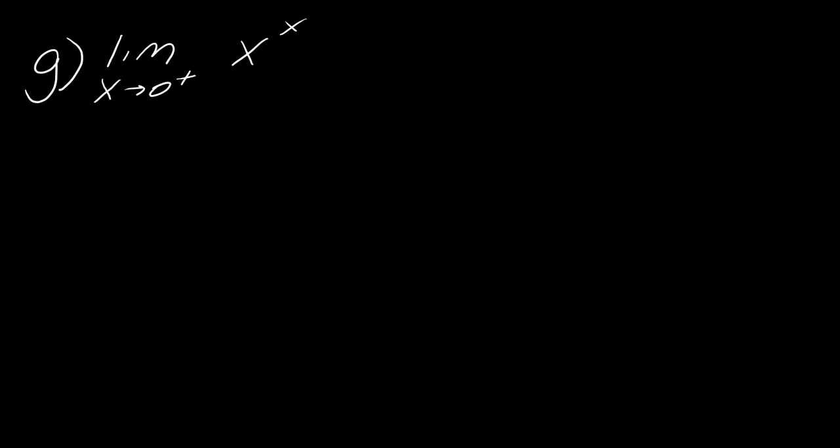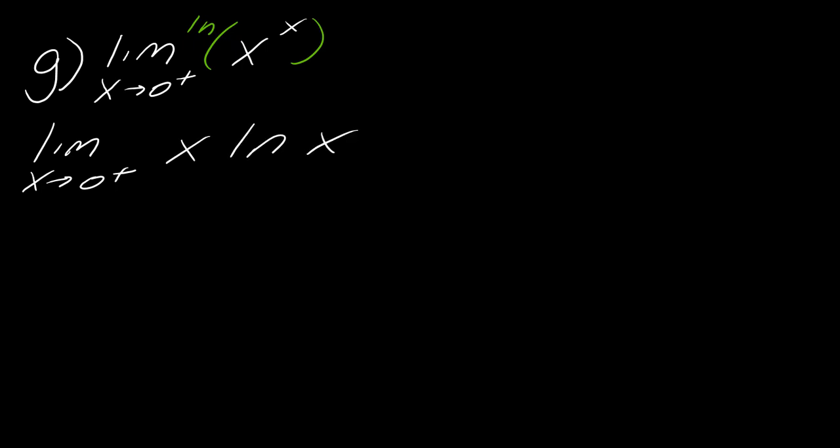Okay, so moving on to g here, we have very much the same problem that we had in the last one. This gives me 0 to the 0, so I know that I'm going to have to use that same trick from before. So once again, I'll start off by taking the natural log of this. So I've got the limit as x approaches 0 from the right of x times the natural log of x. I just went ahead and brought that power down.